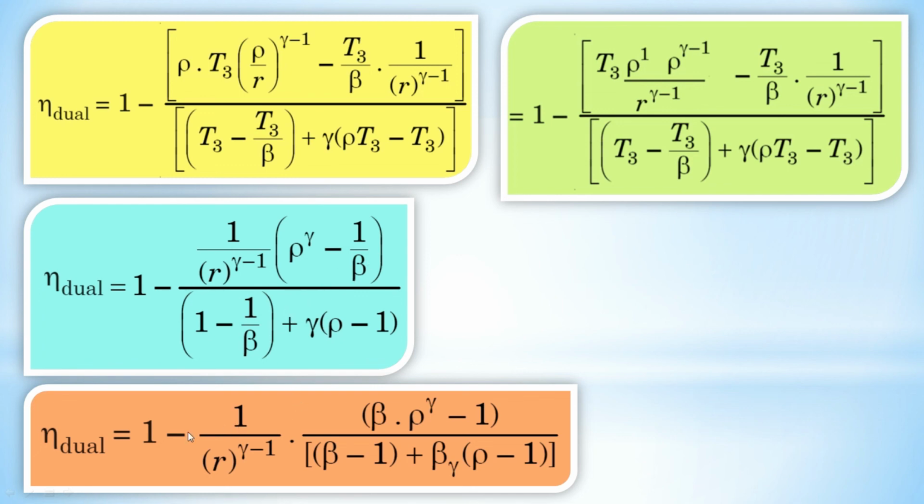The remaining term is: efficiency of the dual cycle equals 1 minus 1 upon R raised to gamma minus 1 into bracket, beta into rho raised to gamma minus 1 divided by beta minus 1 plus beta into gamma into rho minus 1. This is the equation of efficiency for the dual cycle.